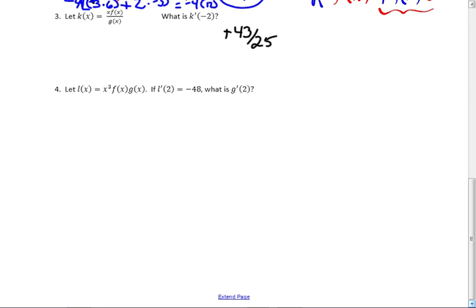Either way you've got the product rule twice now, don't you? Because L of x is equal to x cubed times f of x times g of x. So we have to group it. Do you want to group the x cubed and f of x together or the f and g together? I don't care. We did f and g in the other class.